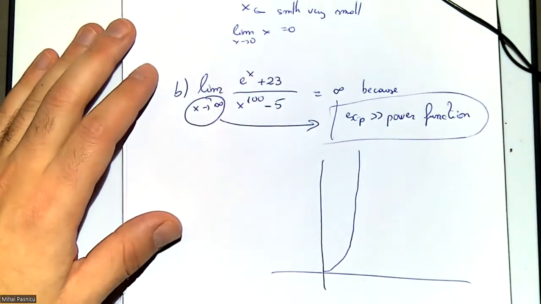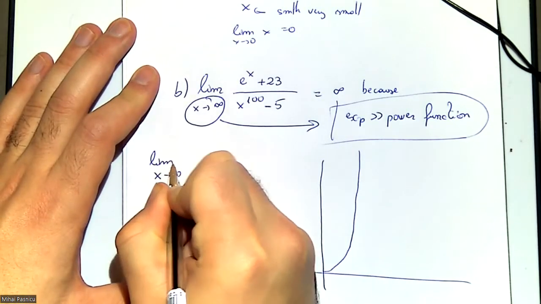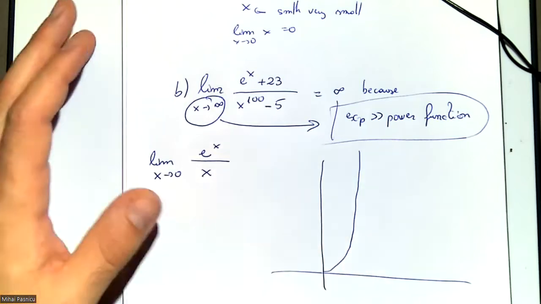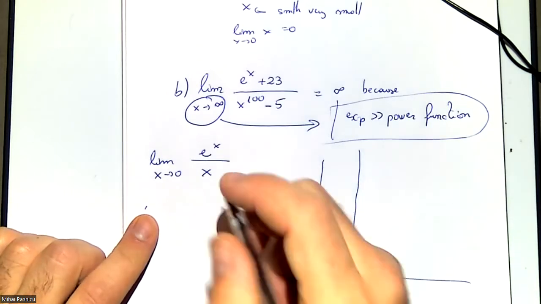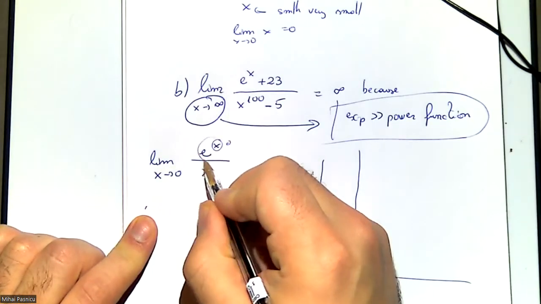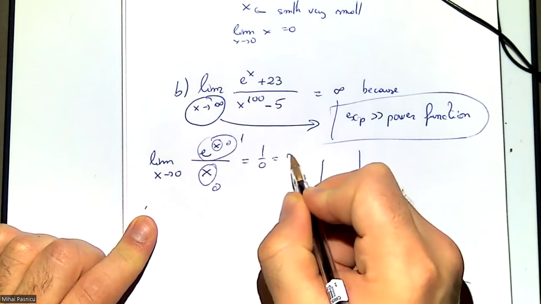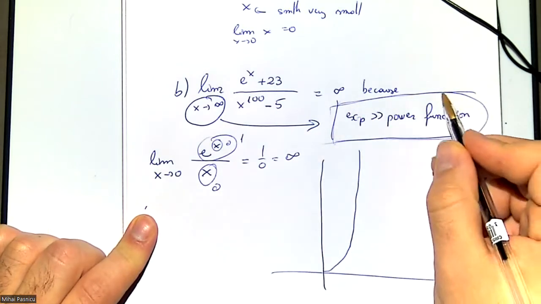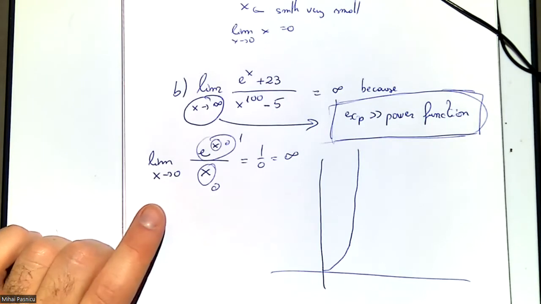When x goes to 0, the limit of e to the x over x is still going to be infinity, because the numerator is 1 and the denominator is 0, so it's 1 over 0, which is infinity.